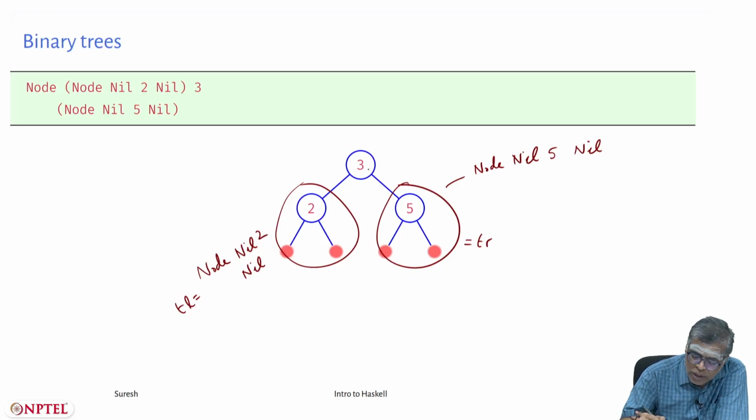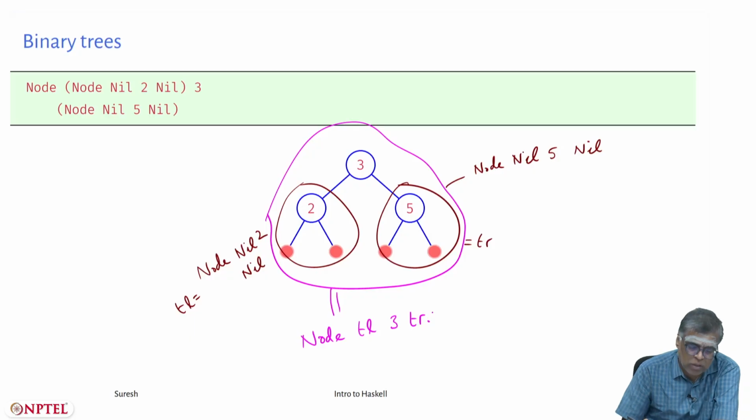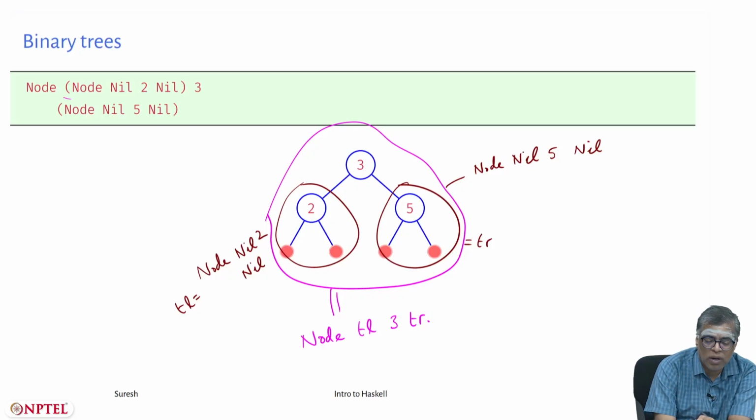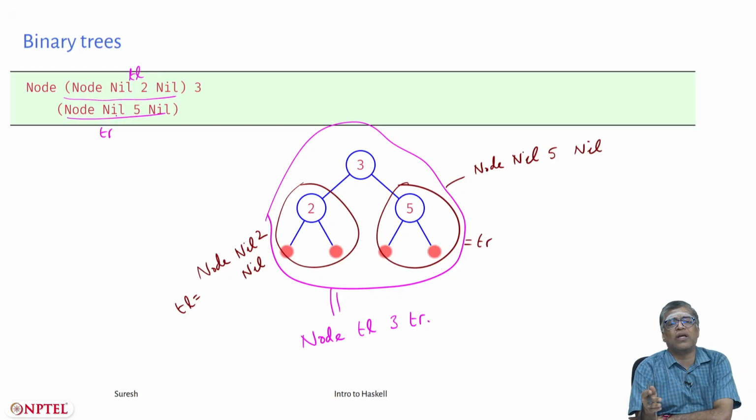Then the whole tree is node TL 3 TR, which is what we have written. So, this is TL, this is TR. The overall thing is node TL 3 TR. TL stands for subtree to the left and TR stands for subtree to the right.